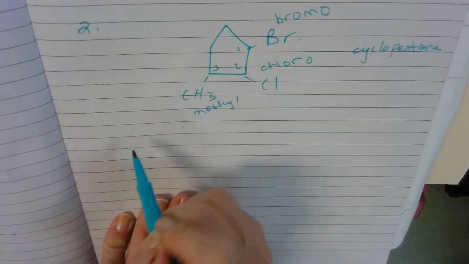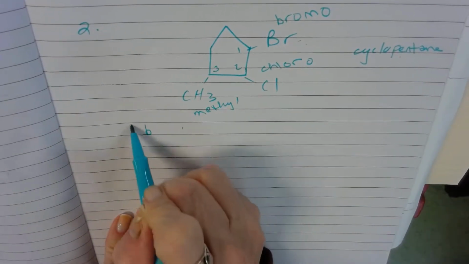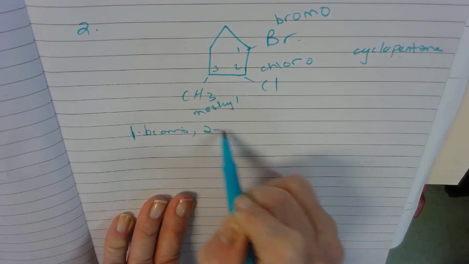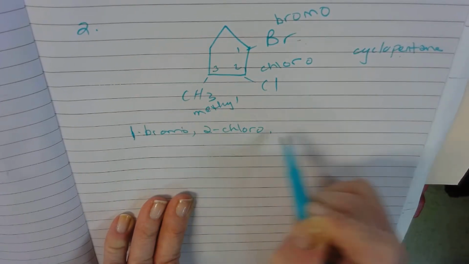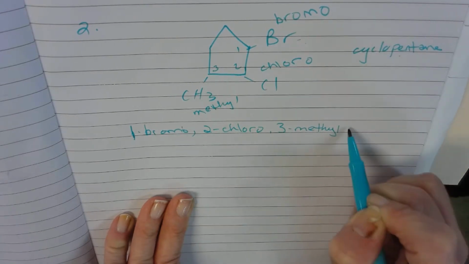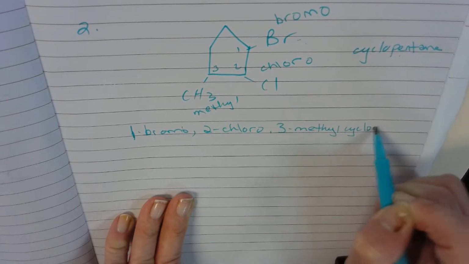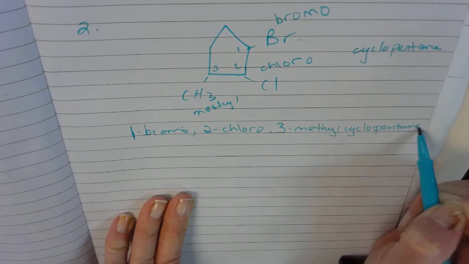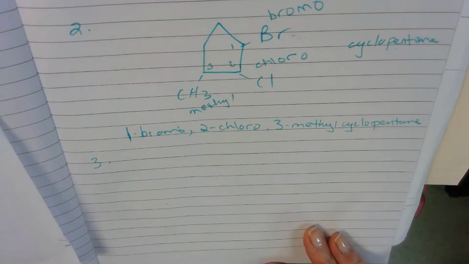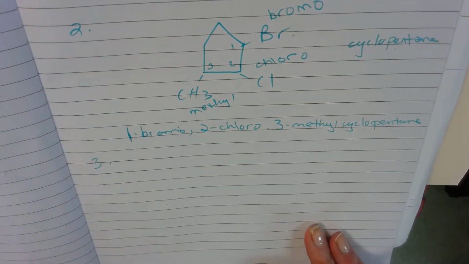So we say 1-bromo, 2-chloro, 3-methyl-cyclopentane. Okay. Question number 3, you had 1,1,3-trimethylcyclohexane.